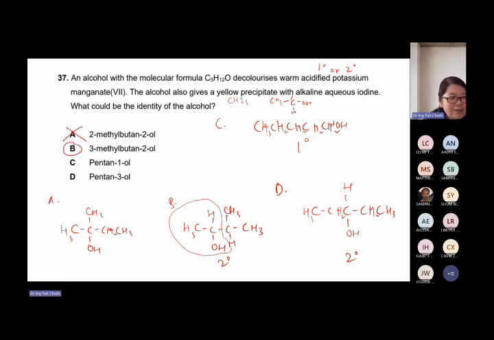Let's circle B first because B has this and it can be oxidized. Check C. Does it have CH3CHOH? No, you have CH2OH here, so C is not the answer. D, you have CHOH, but left and right, no CH3, so D is not the answer. Confirm that our answer is B.